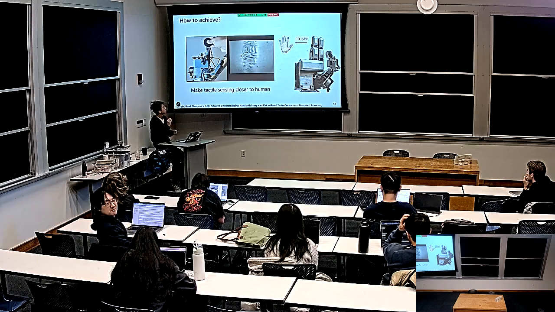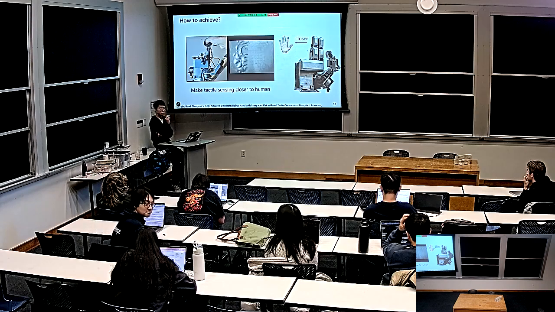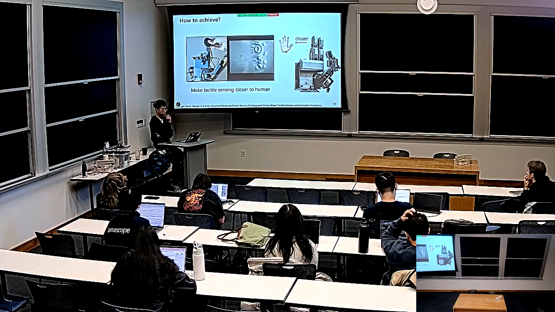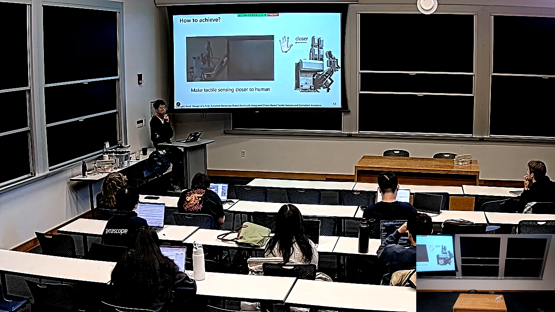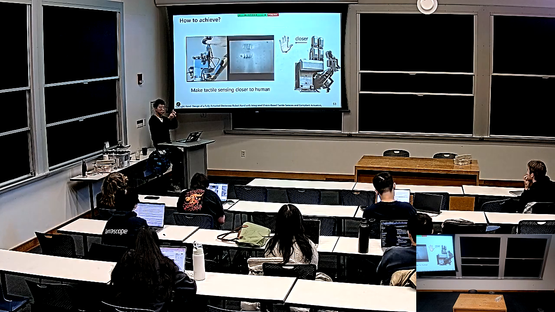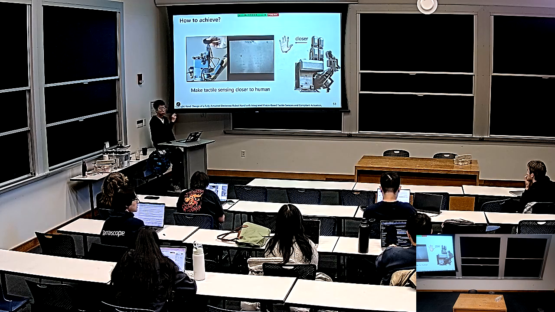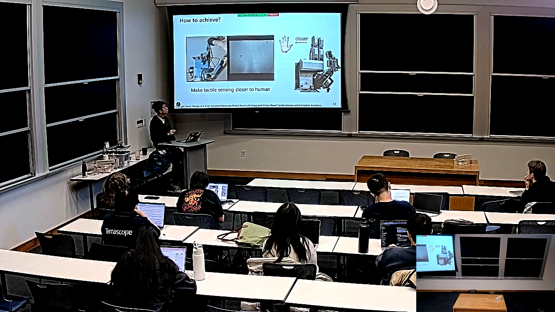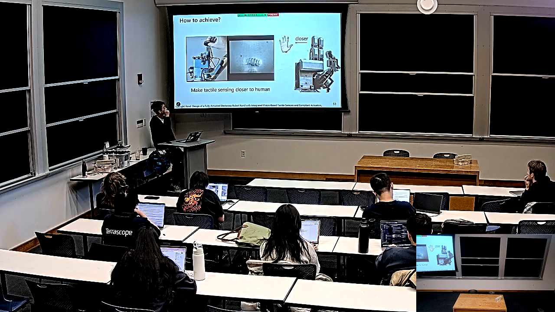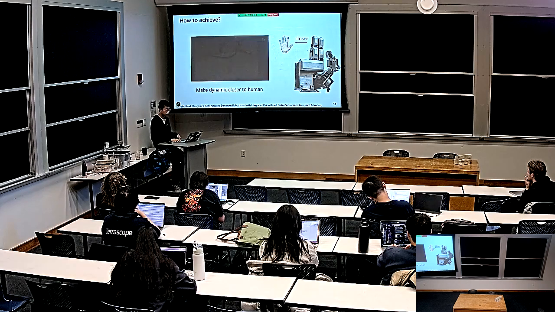The idea is that we incorporate tactile sensing with a vision-based tactile sensor. The idea is just to put a camera underneath your finger. And you can see the fine-grained geometry of the object that it is touching. And you can also see the shear force by tracking the dots on that surface. So this is the first thing, making tactile sensing closer to human.